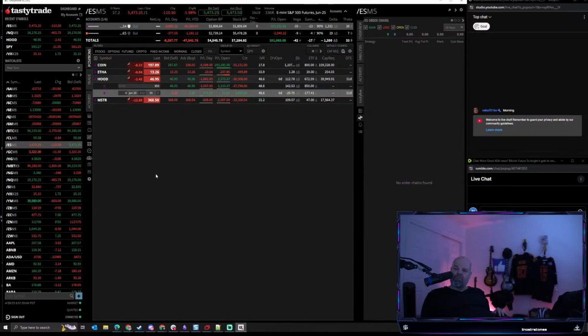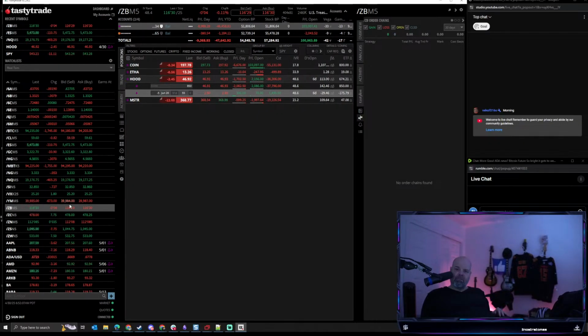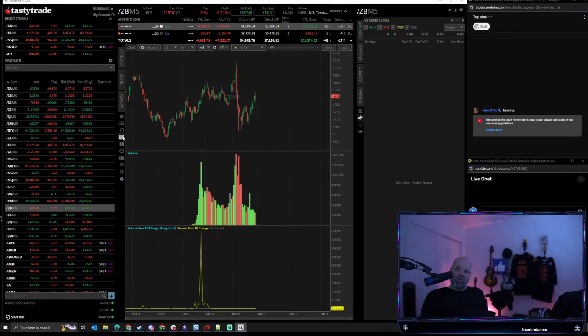What are bonds doing? Bonds down 4 ticks. Bonds go down, rates go up. They're at 116.30. They're near 117. So I don't know how this adjusts, but they were lower yesterday, pretty sure.